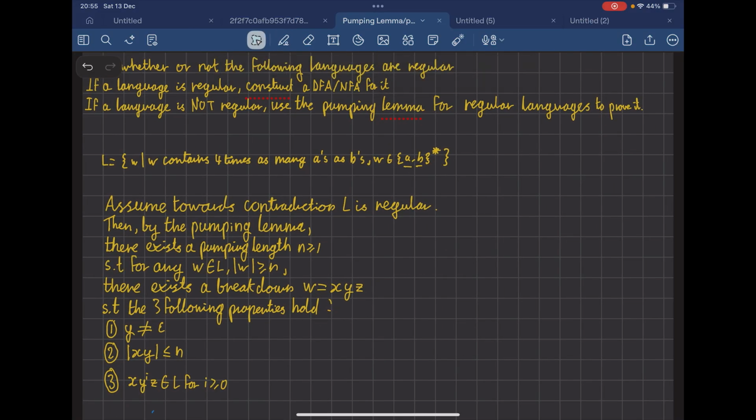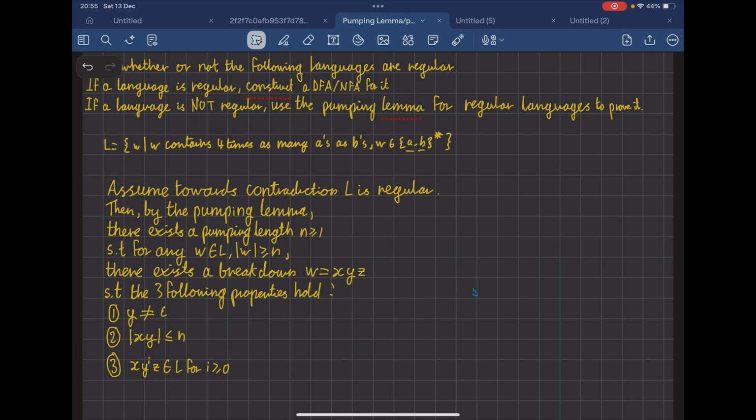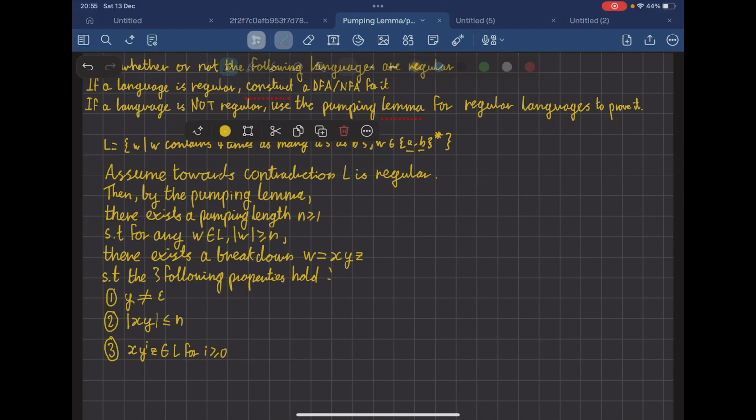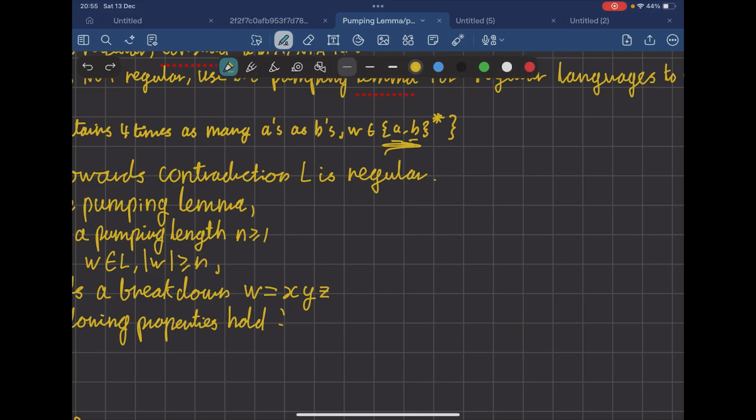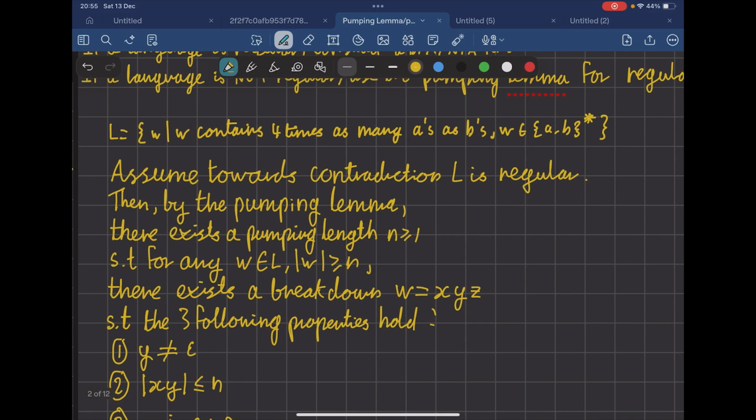So as before, we are looking for a string in the language with length greater than or equal to n that can lead us to some sort of contradiction. So by pumping it either up or down, we reach some sort of issue. So let's pick a string.